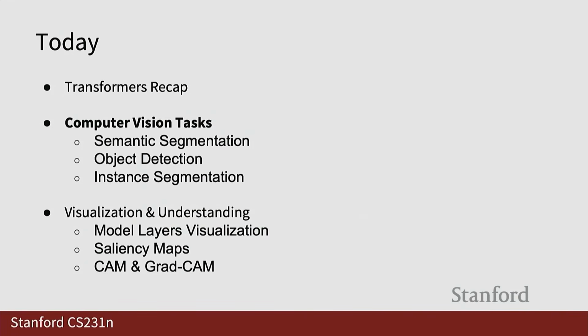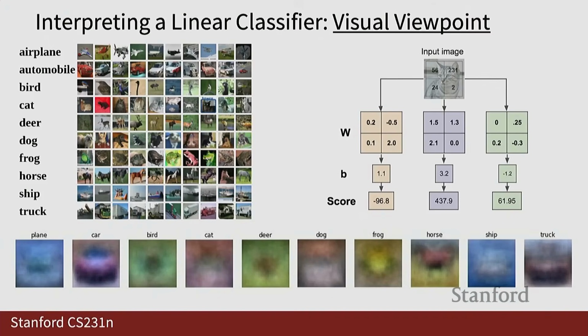This summarizes the first part, the computer vision tasks that I wanted to talk about. And the last piece that I want to spend 10 minutes on is around visualization and understanding. Again, this has been a big lecture by itself.